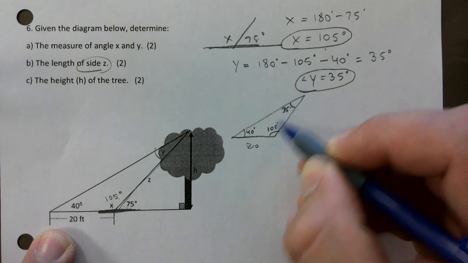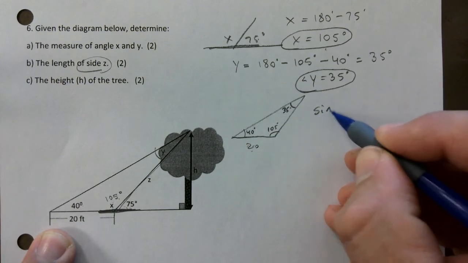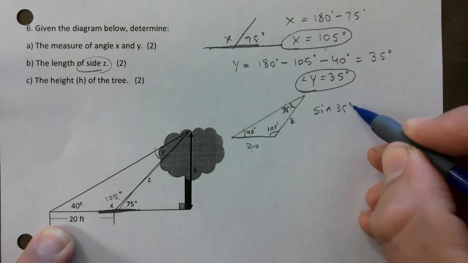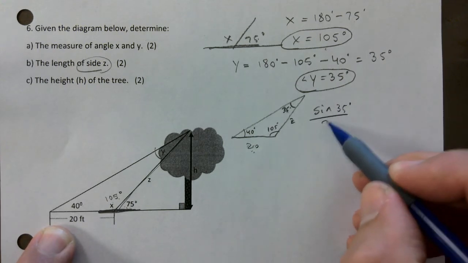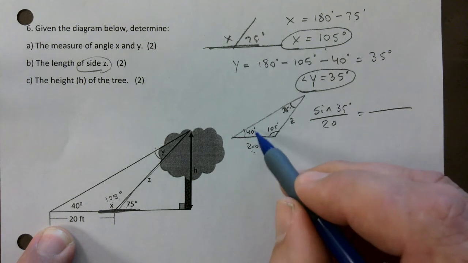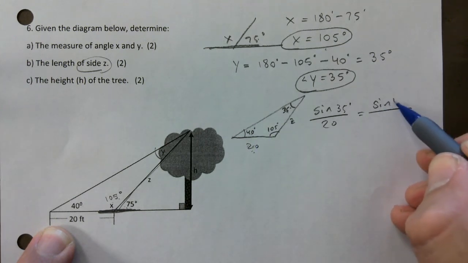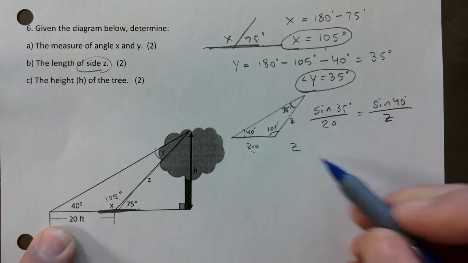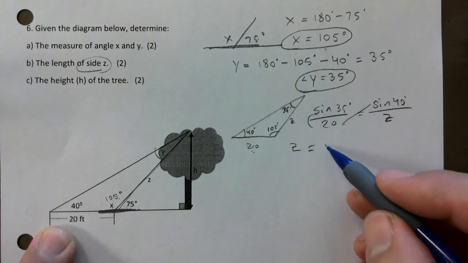You have your pair. So sine of, this is z right here. Sine of 35 over 20 is equal to sine of 40 over side z. And then z is equal to cross multiply and divide.